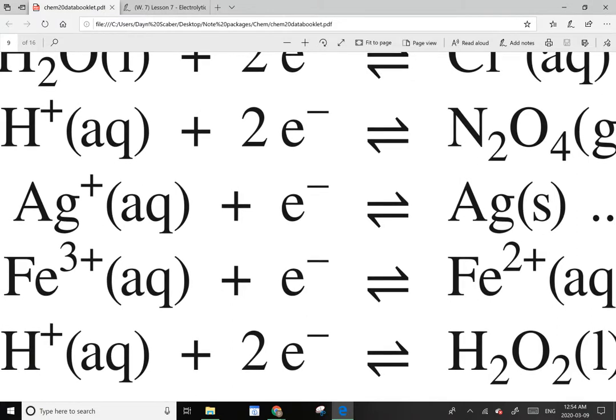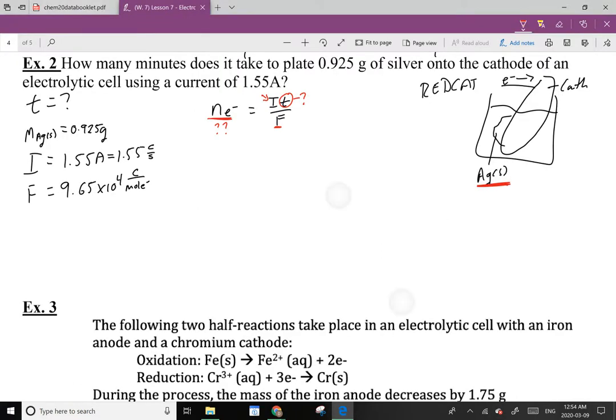Again, this is at the cathode, so we know there is a reduction half reaction. So we have to read this reaction from left to right. So 1 mole of silver ion adding to 1 mole of electron, creating 1 mole of silver solid. So this is pretty nice, playing out in our favor, because this is all on a 1-to-1 ratio.